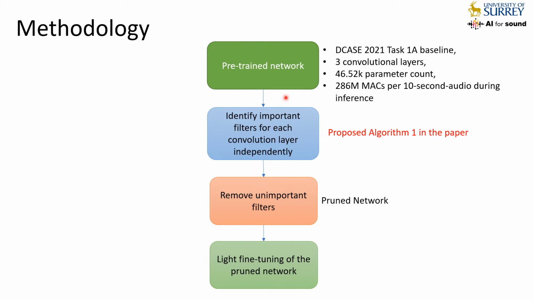Given this pre-trained network, we use the proposed Algorithm 1 to identify the important filters in each convolution layer independently. Then we remove unimportant filters from a subset of layers, and we obtain a pruned network. Given the pruned network, we perform fine tuning for only 30 epochs to regain the performance loss.